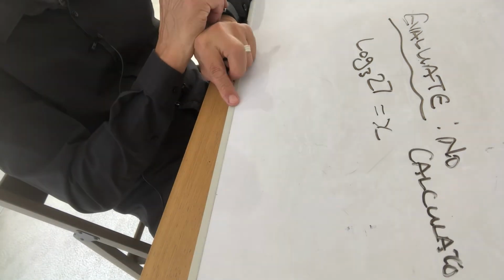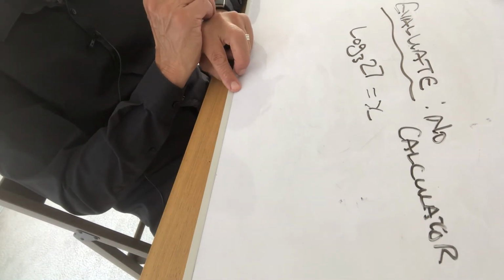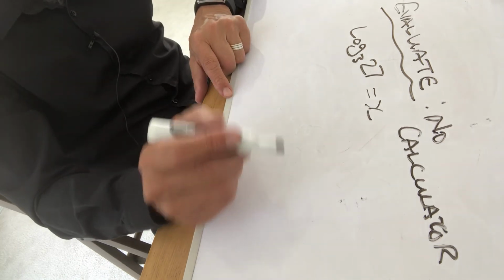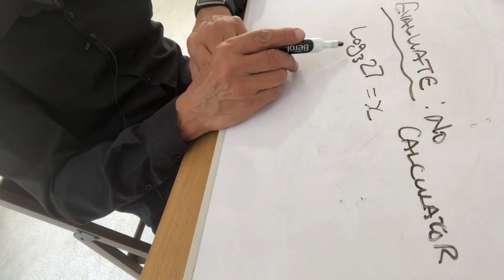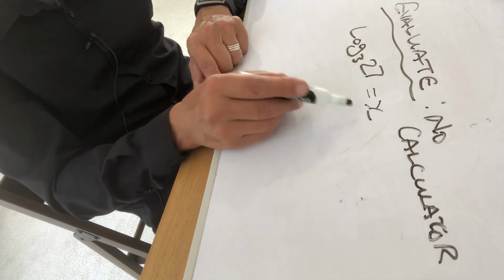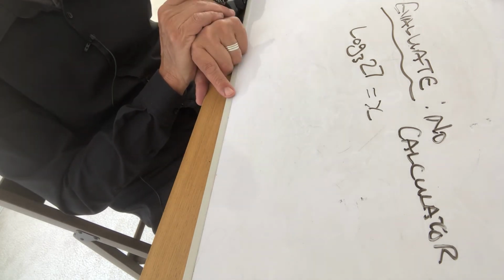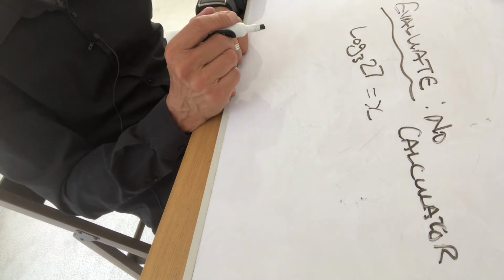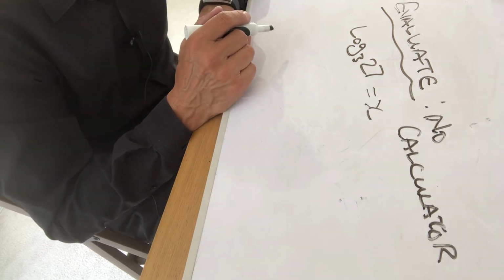If you were allowed a calculator, all you would do is put in log 27, make sure it's to the base 3, and get an answer. But if we have no calculator, we have to redefine this log in terms of its opposite, its exponents.